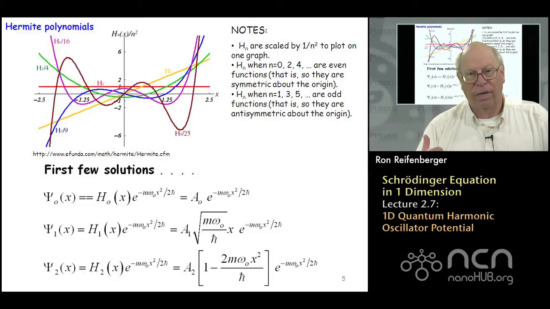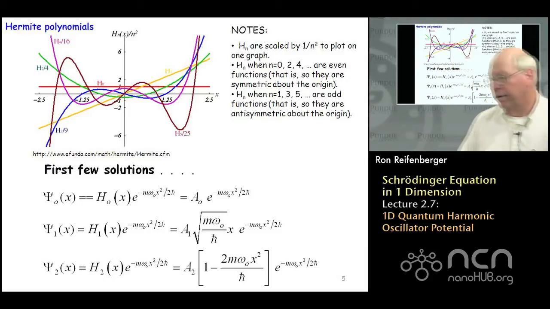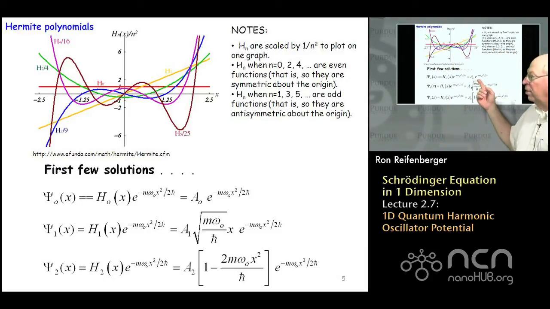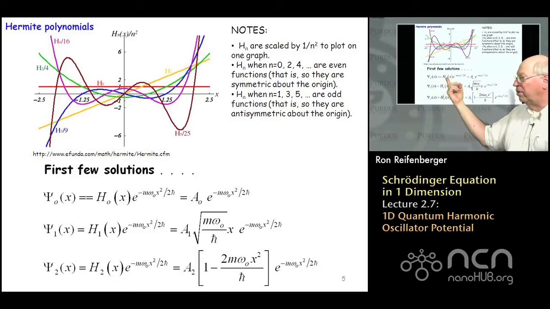What I do is write down explicitly the first few solutions to Schrödinger's equation using the first 2 or 3 Hermite polynomials. So, for instance, the lowest energy wave function is given by the constant Hermite polynomial for n equal to 0. It's some constant a0, times the exponential with the x squared dependence and constants that come out of Schrödinger's equation.